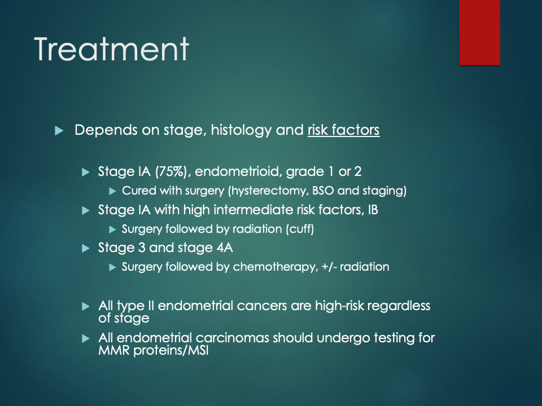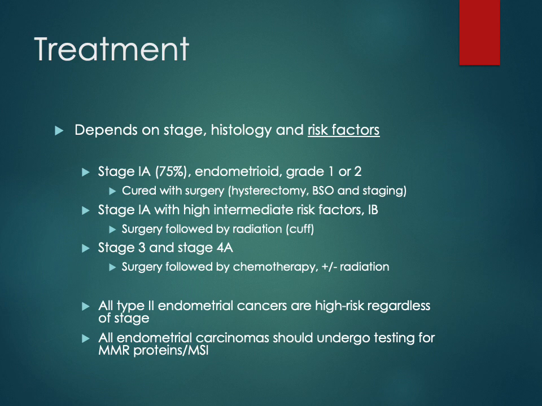Now for stage 3 disease and stage 4A disease, we typically do surgery followed by chemotherapy and then plus or minus radiation. And then all type 2 endometrial cancers, or all serous clear cell tumors, are high risk regardless of stage.